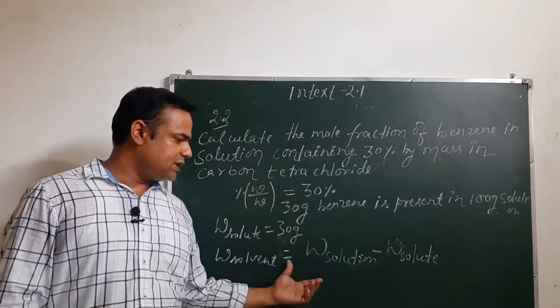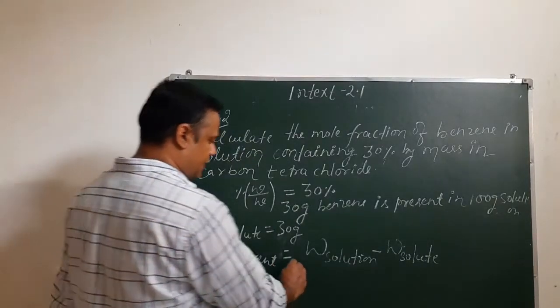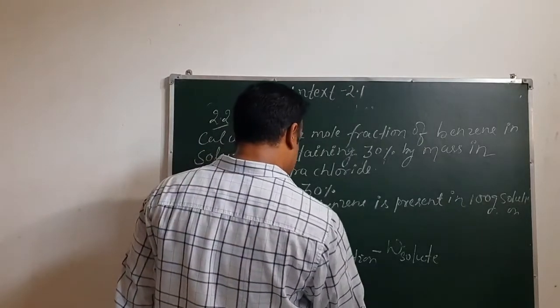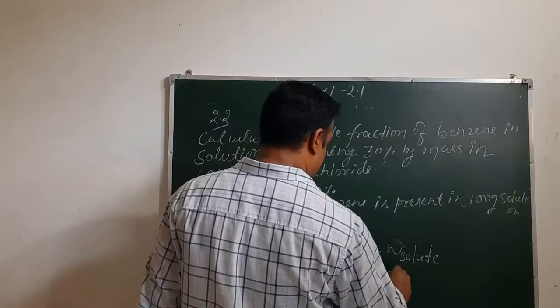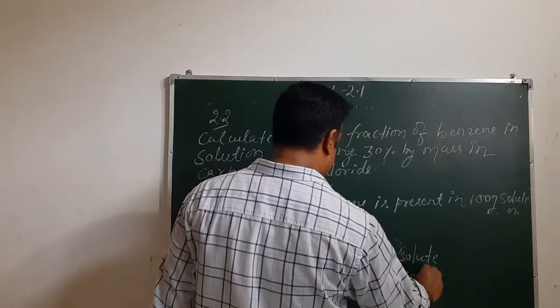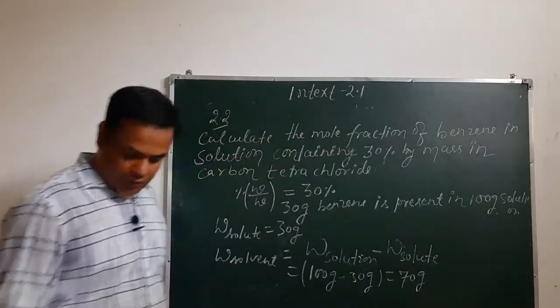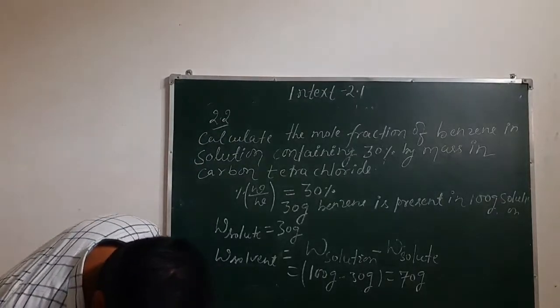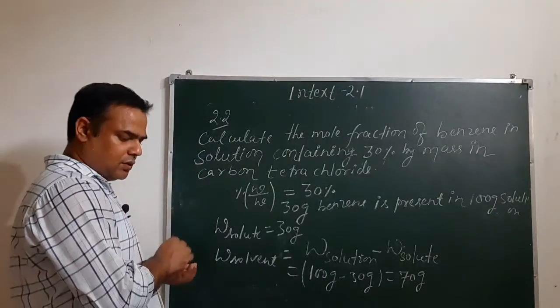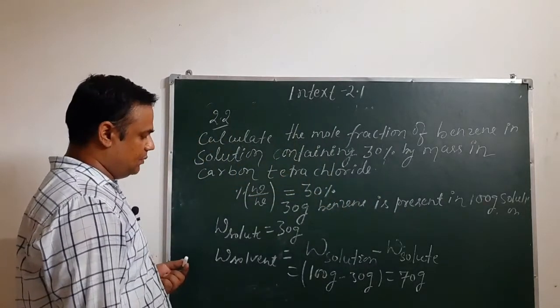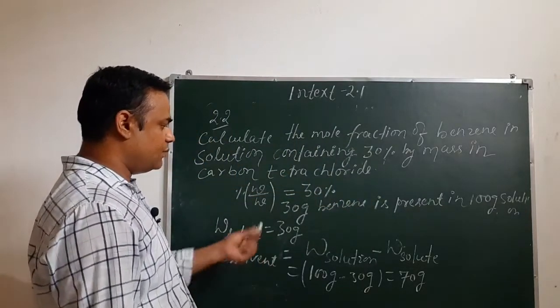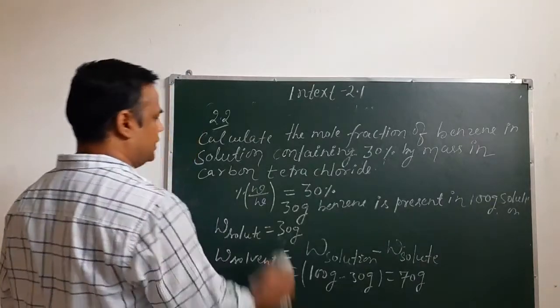Mass of solution is 100 gram. So 100 gram minus 30 gram will be equal to 70 gram. So here we have mass of solution: mass of solvent is 70 gram and mass of solute is 30 gram, that we have calculated.